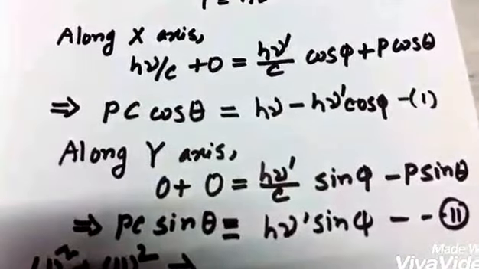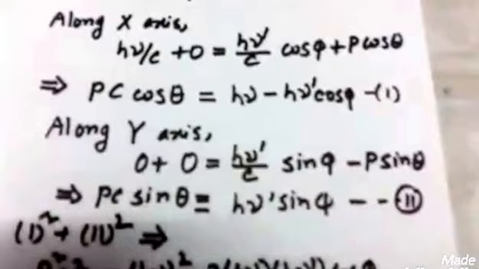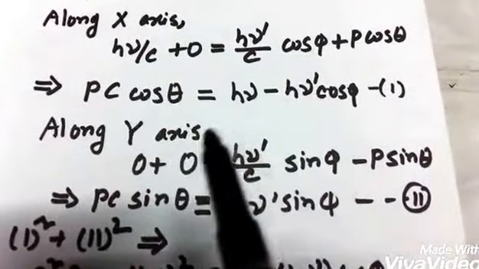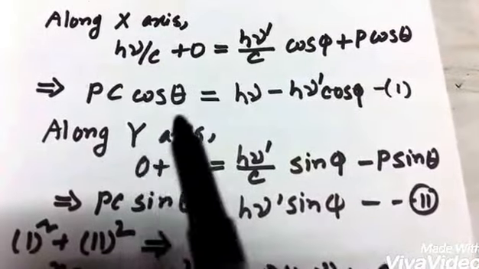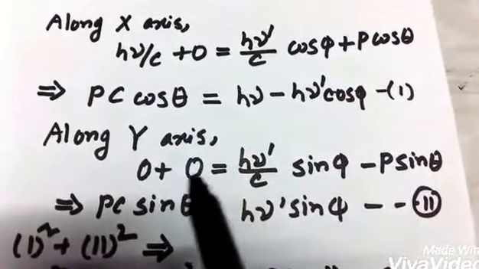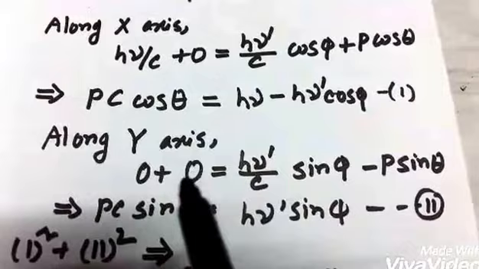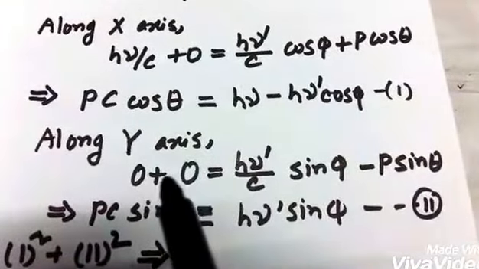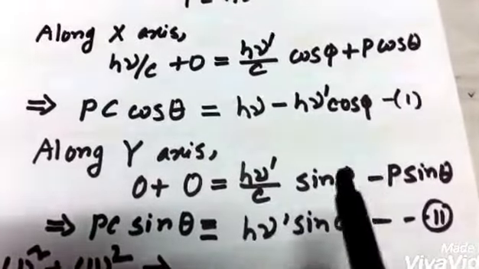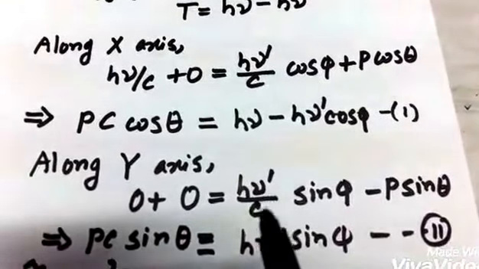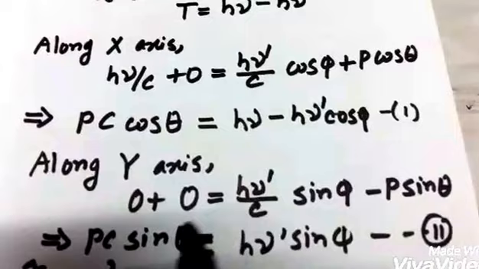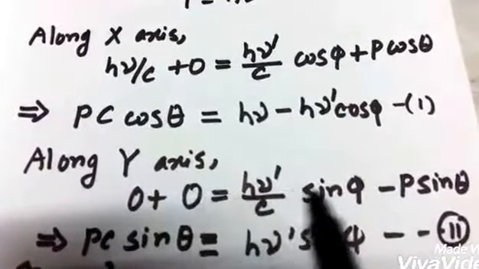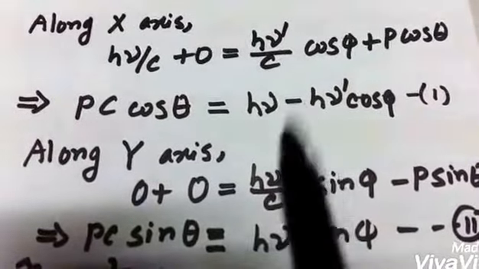Now along the y-axis we are taking the vertical components. Initially both the photon and the electron had zero momentum along the y-axis.